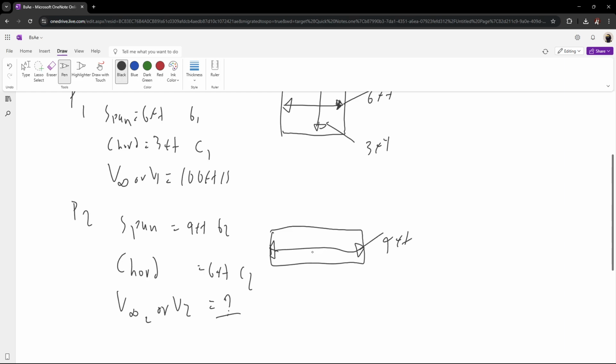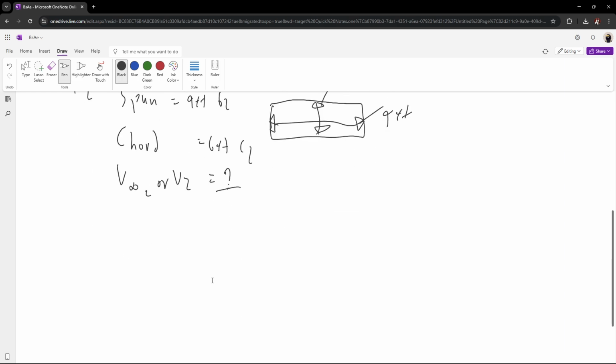Nine foot, 6 foot. This is assuming laminar flow, not turbulent, and at standard sea level conditions.